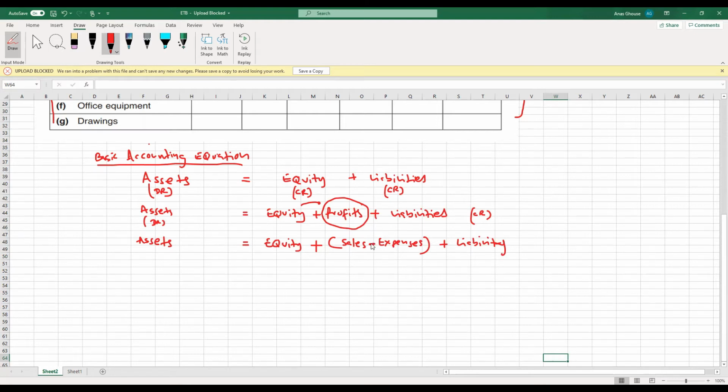Since there's a minus sign, I want to make this all pluses, so I will move this minus sign to the left side. Therefore assets, when you move minus expenses to the other side, it will be plus expenses equals equity plus sales, since we have moved expenses to the other side, plus the remaining liabilities.